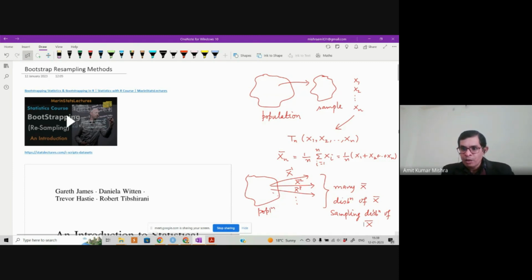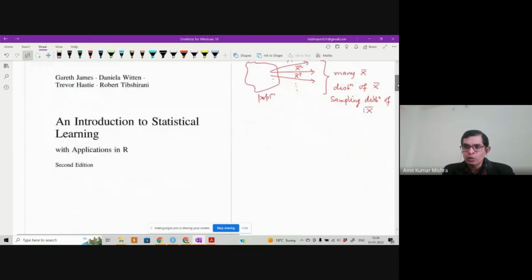Now what happens theoretically? Theoretically, we know that this sampling distribution is approximately normal if n is very large, that means if you repeat this process and choose many samples from the population.